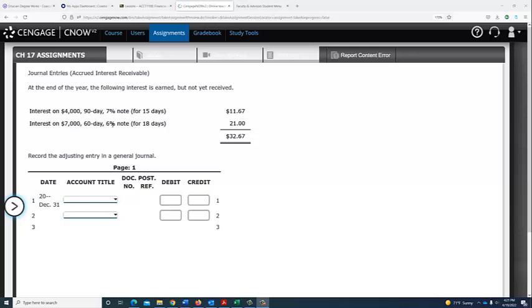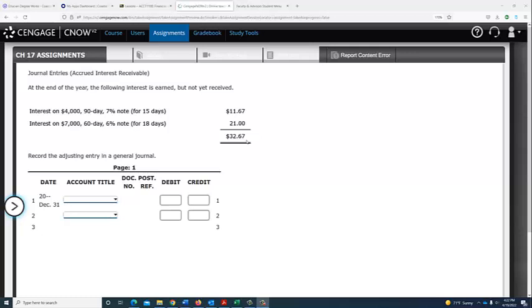It's at 6%, and interest has added up for 18 days. So that will be 7,000 times 6% times 18 divided by 360, and that's $21. So the total interest that's added up but has not yet been paid on our notes receivable is $32.67.